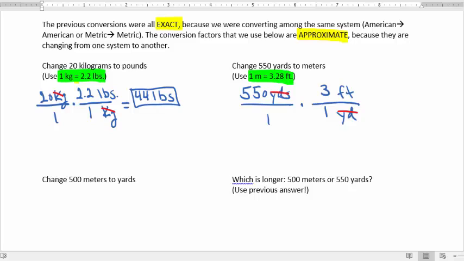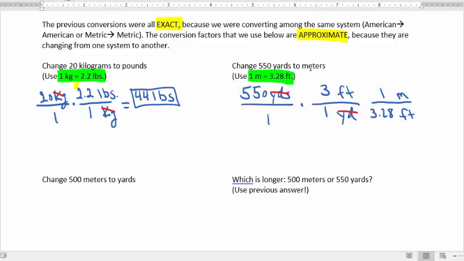But now the answer would only be in feet. I need the answer to be in meters. So now is when I have to use my fact that they give me here. 1 meter equals 3.28 feet. But again, you're going to want now feet to cancel. So it's going to have to go down in the denominator. And I'm going to want meter to stay in the numerator. And this was 3.28 feet and 1 meter.